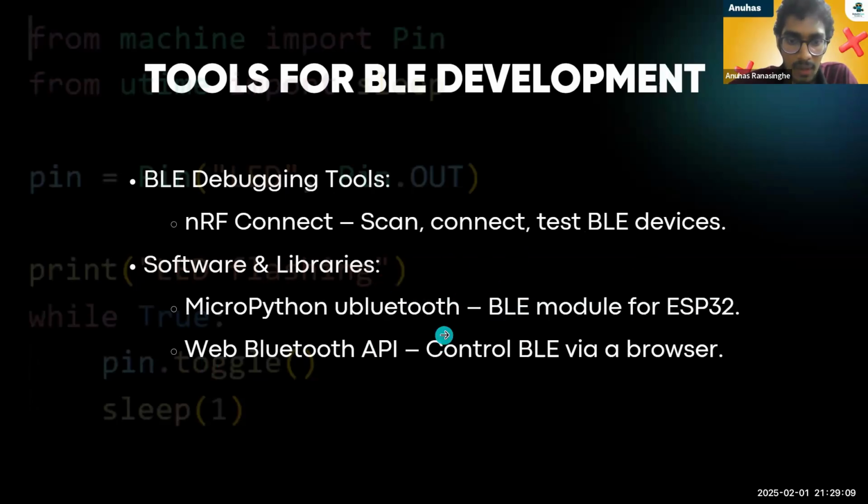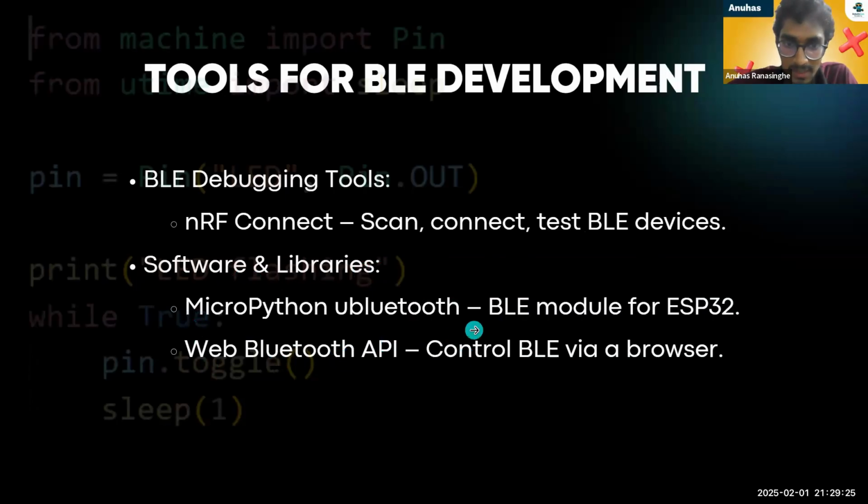In the MicroPython case, it is a little bit hard to find resources on the internet related to MicroPython Bluetooth communication. That's actually another reason that I chose this topic.